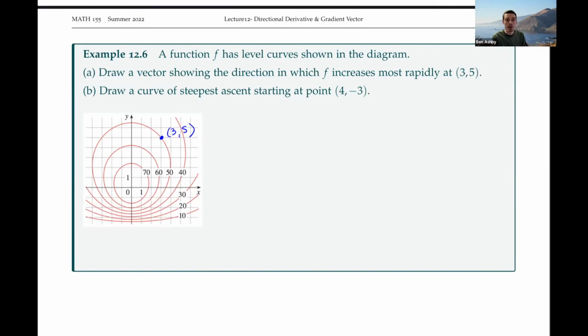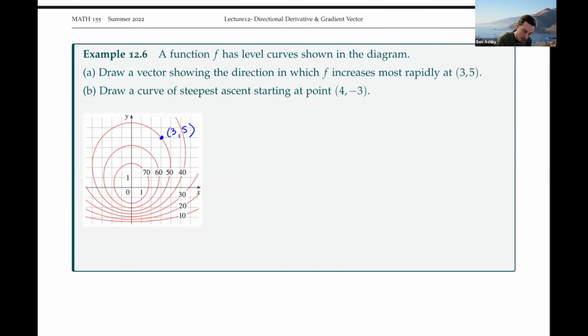We know that the direction in which our function increases most rapidly is given by the gradient vector. And we know that our gradient vector is orthogonal to our level curves. So that means this direction that I need to draw is orthogonal to our level curves. We see that the one to the right is 40, the one to the left is 60.